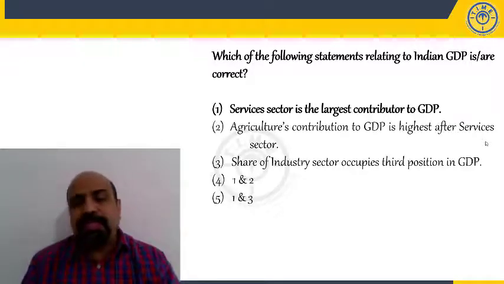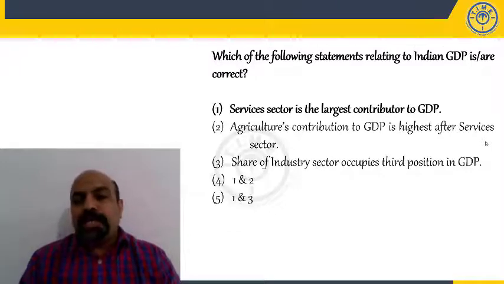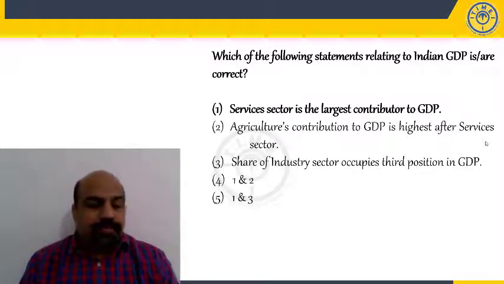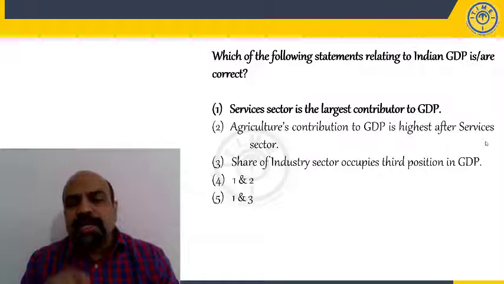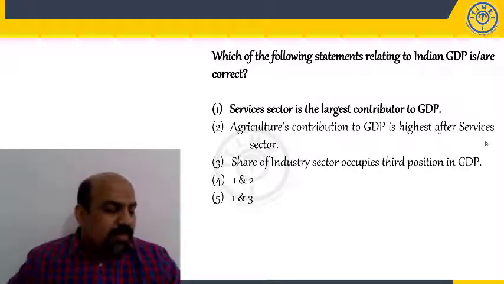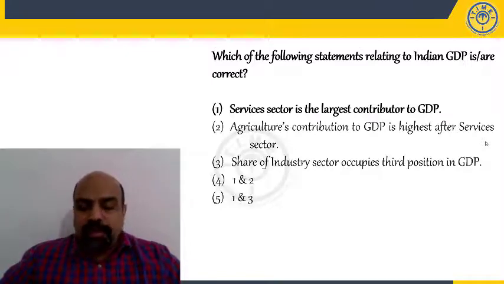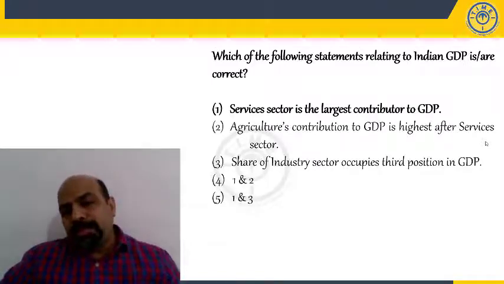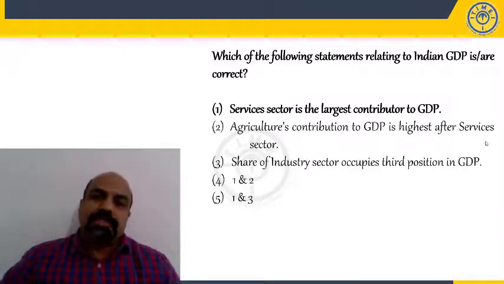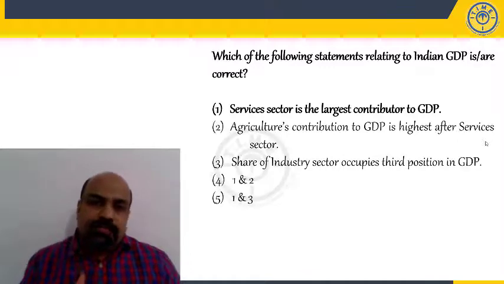No, I would give you some data. Please write: shares of three sectors in Indian GDP. We are going to discuss the shares in the first six months of last financial year. After that there is no data.